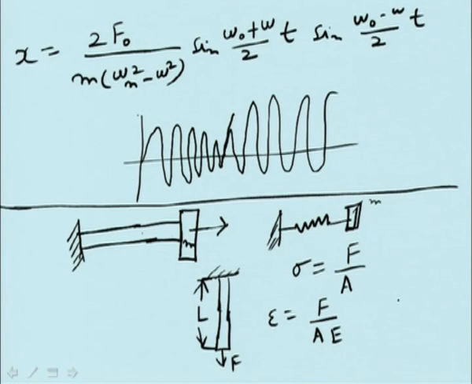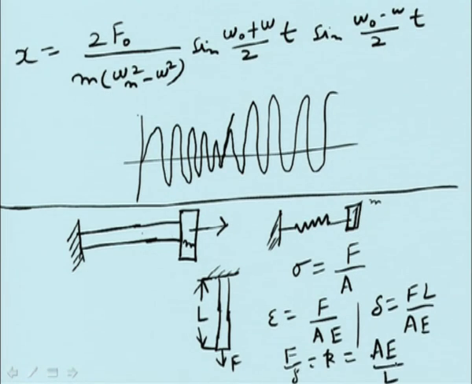Therefore the displacement delta of the end point is equal to FL divided by AE. This F by delta is called stiffness K, that is equal to AE by L.